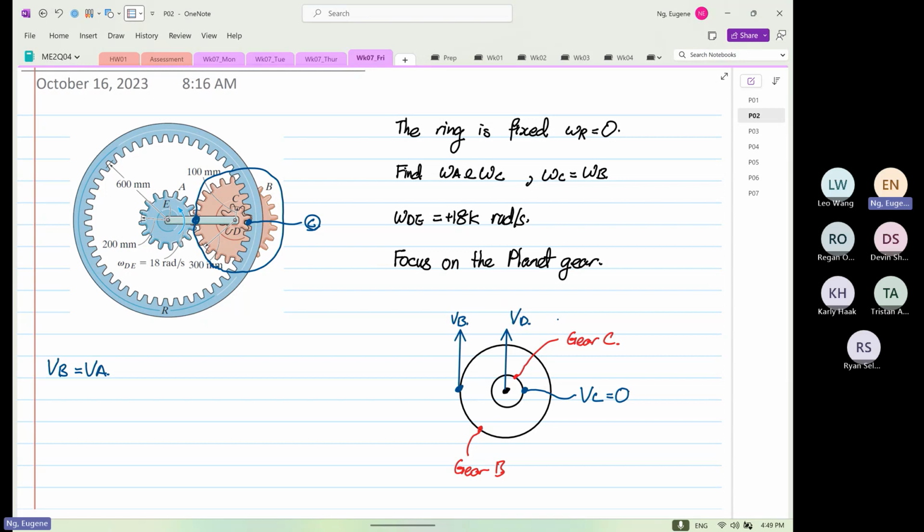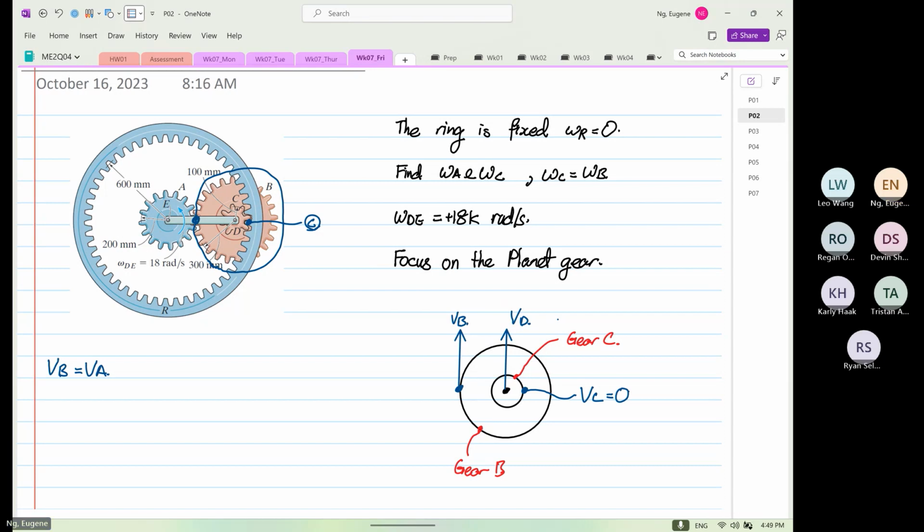So now, with the ring fixed, we can first of all form this equation. Remember, still the same concept. Detect your rigid body. What are your rigid bodies?